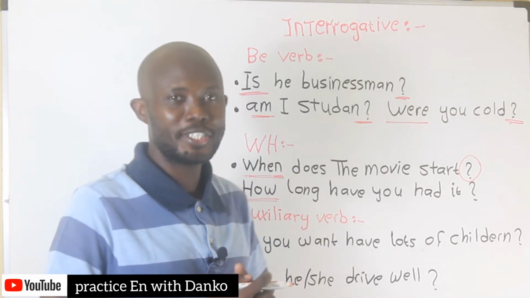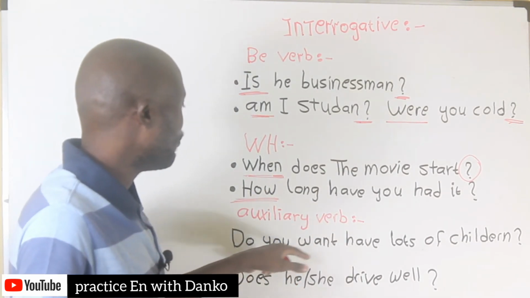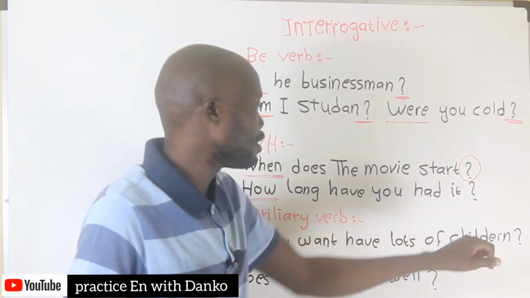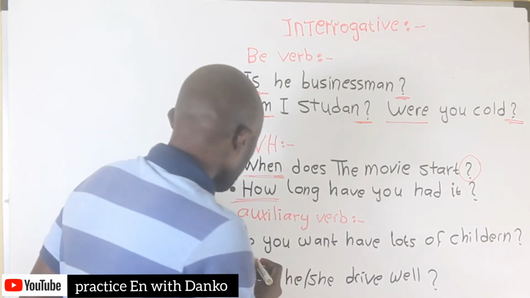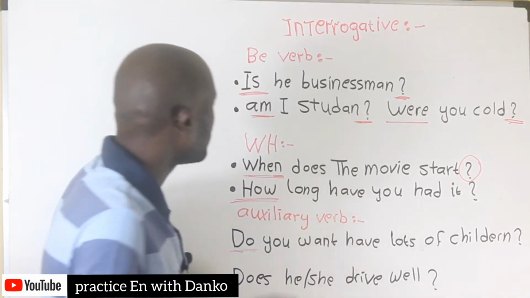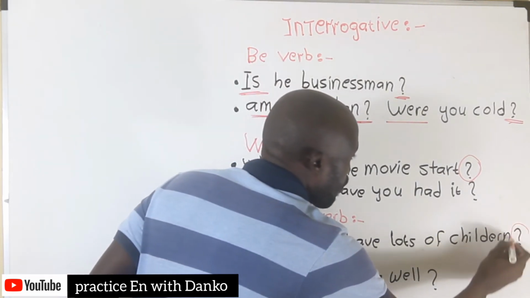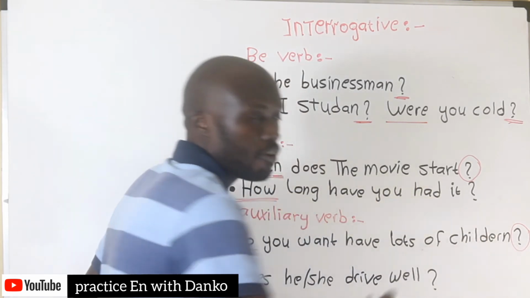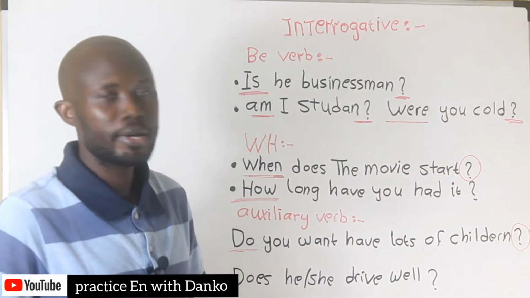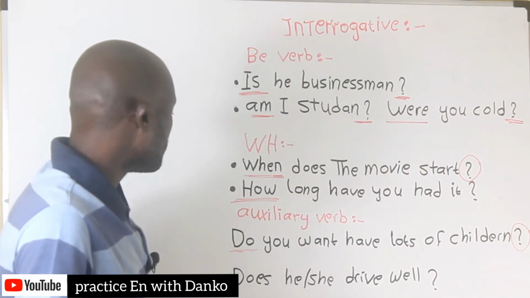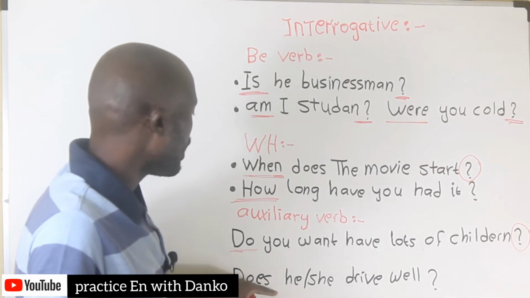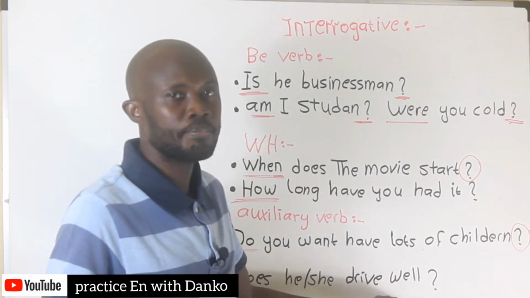Sounds like a funny question. Do you want to have a lot of children? We use the auxiliary verb do in sentences called interrogative sentences. Okay, great. Number two, does he drive well?